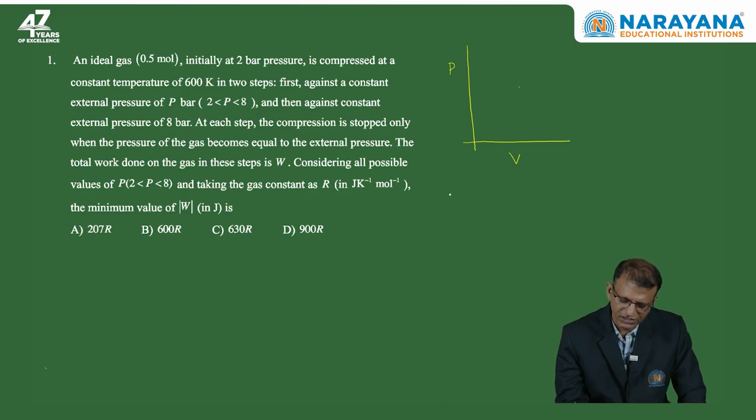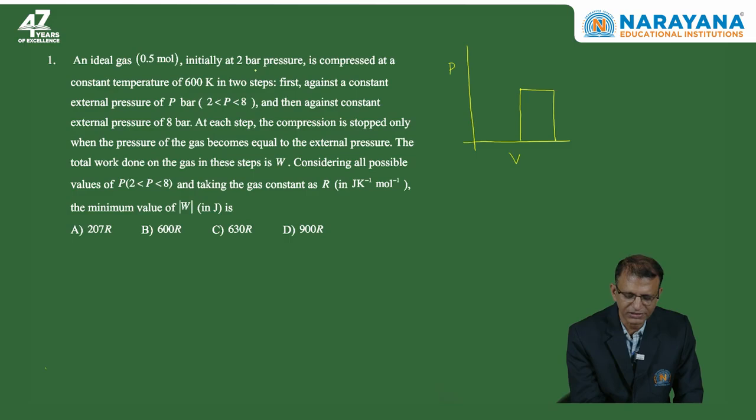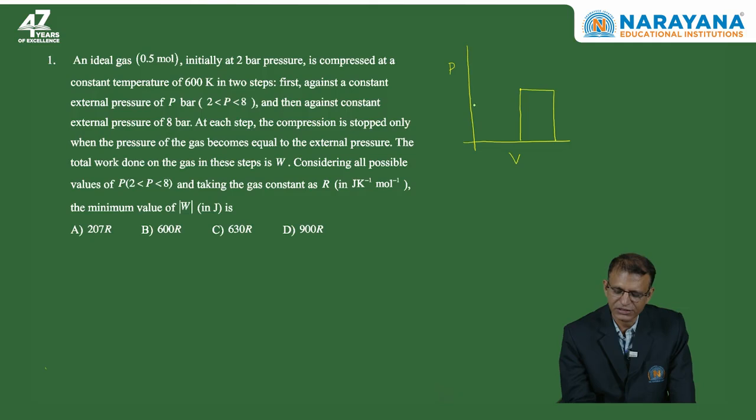So if we try to write what is the work done, if I show it with the help of a graph, then if I draw pressure versus volume graph, initially we are at some position and then we are moving to another position here where the pressure will be equal to, initially the pressure was 2 bar but the gas pressure is less, and when we compress and the pressure of the gas is equal to P bar, this process will stop.